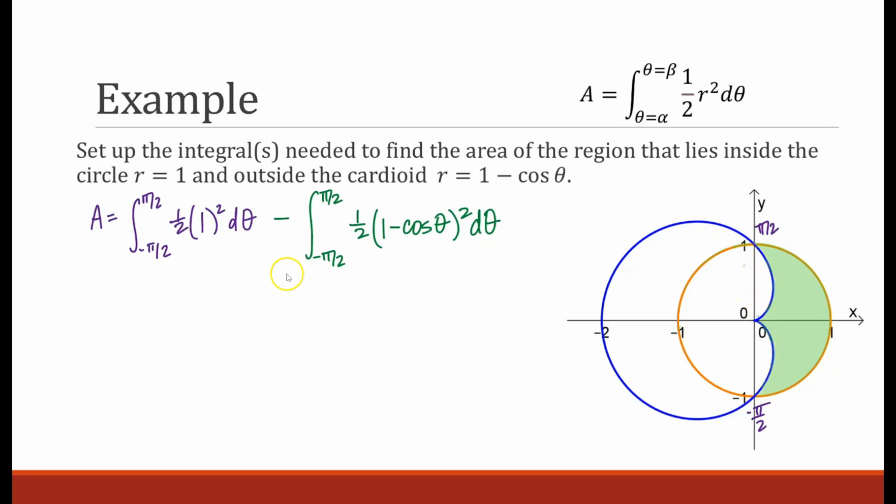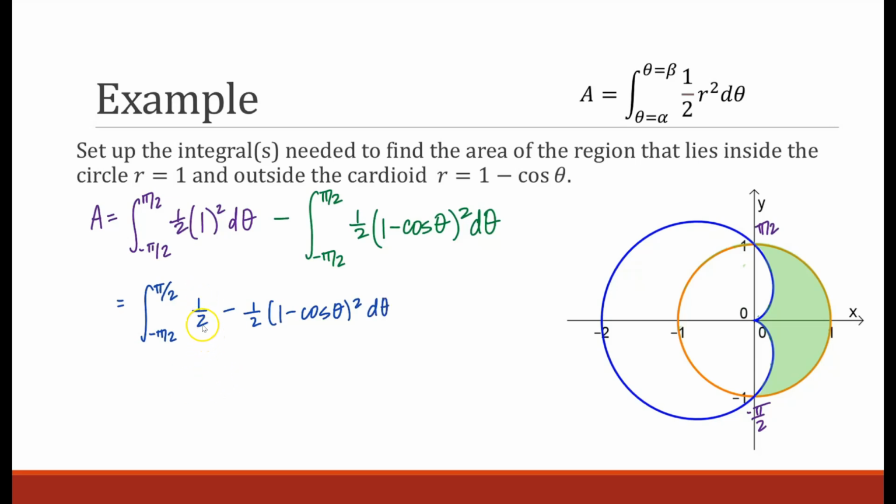these two little pieces here. Now, since these do have the same limits of integration, we can go ahead and combine them together to be one integral. So we can say negative pi over 2 to pi over 2 of the first integrand, so 1/2, and that's really it, because times 1 squared, it's just 1/2, and then minus 1/2, 1 minus cosine theta squared d theta.